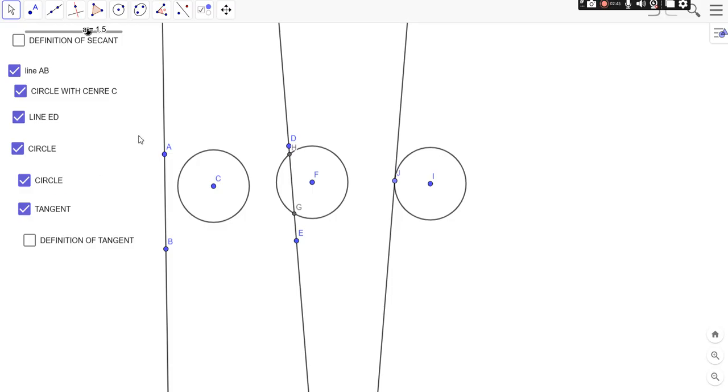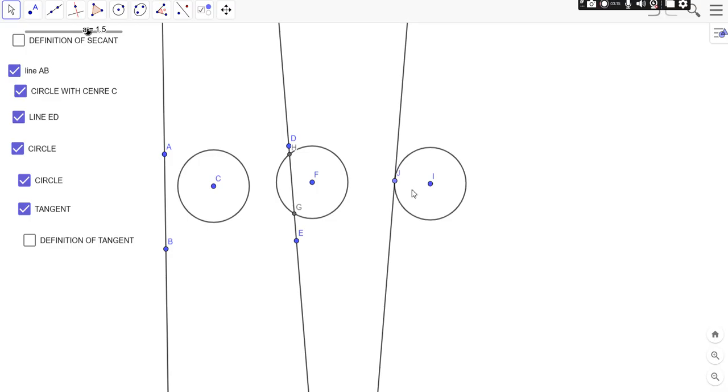We have observed 3 cases. In the first case, circle and line are not intersecting at all. In the second situation, the line is passing through the circle. Right? I'm stressing the words passing through the circle, so intersecting it at 2 different points, namely H and G. In the third case, a line is touching at just 1 point.